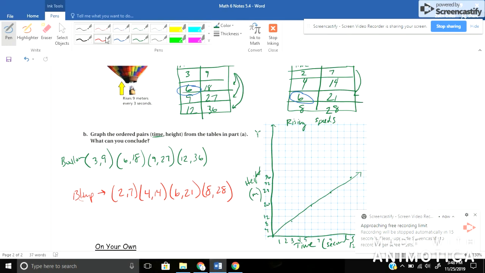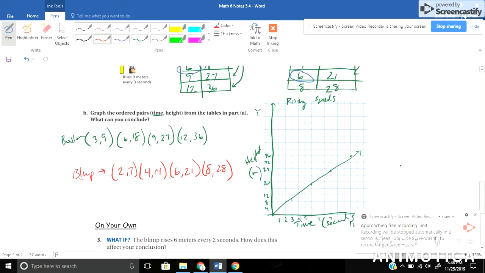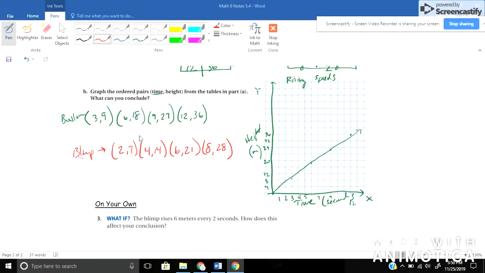And then I got to graph my blimp in red. 2, 7, so over 2, up 7. I'm running out of time here, so it looks like I will continue here in the next video. Okay, so 2, 7 was my first point.